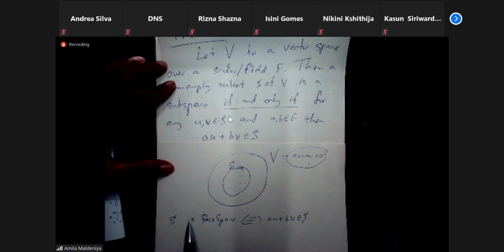If you want to prove this is a subspace, just prove that this element is in S.